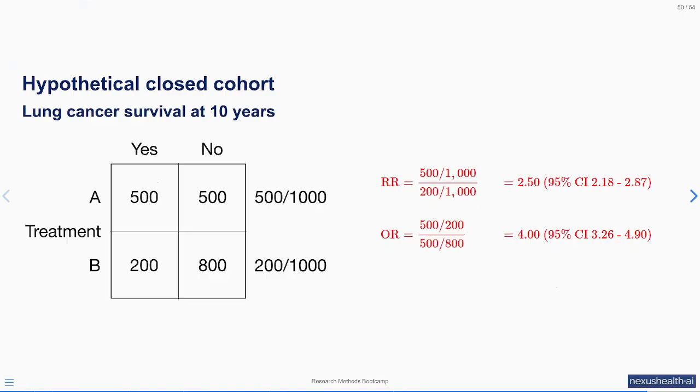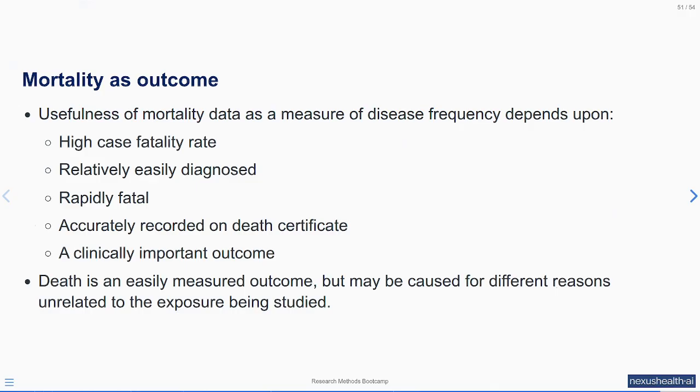The odds ratio has ballooned to 4.0. So it's overestimating the relative risk. So bear in mind, if the outcome you're interested in is common, the odds ratio can overestimate the relative risk. And so it's probably better in such instances for us to try to calculate the relative risk so that we do not have a biased estimate of effect.